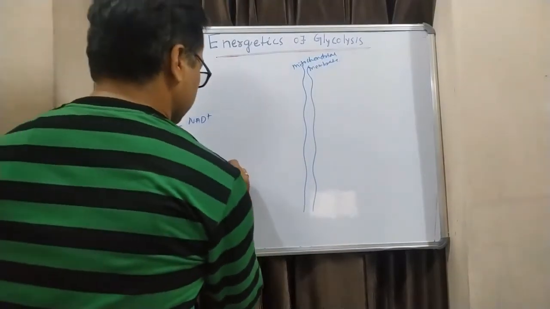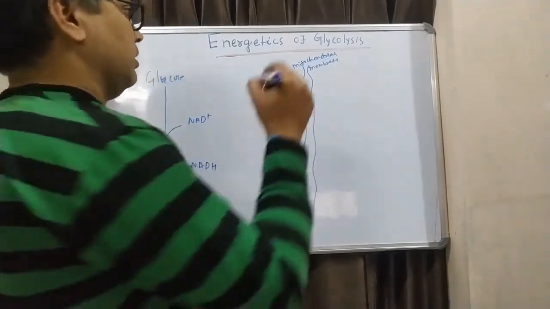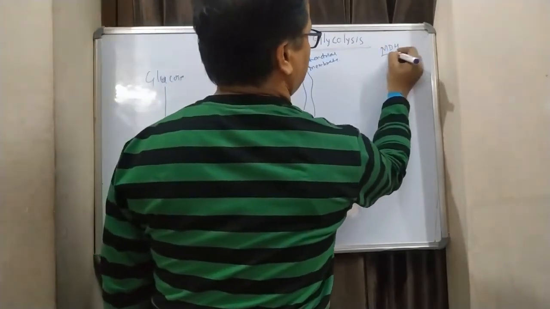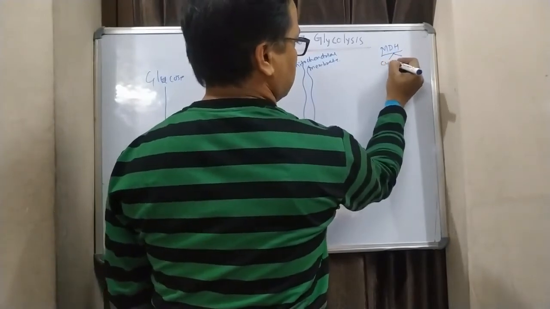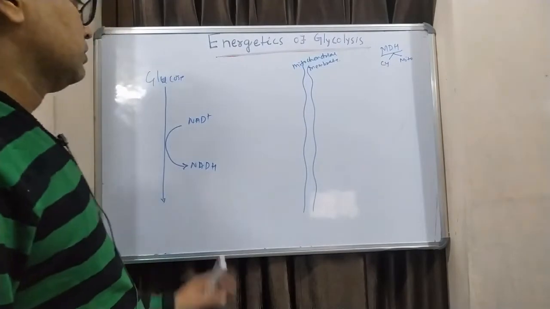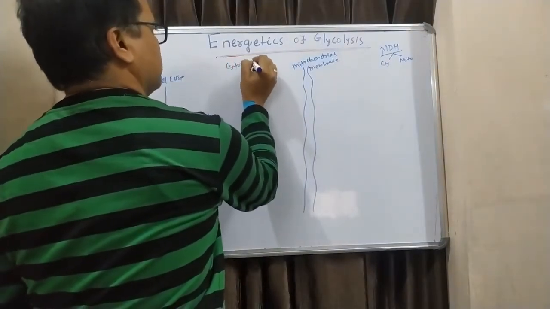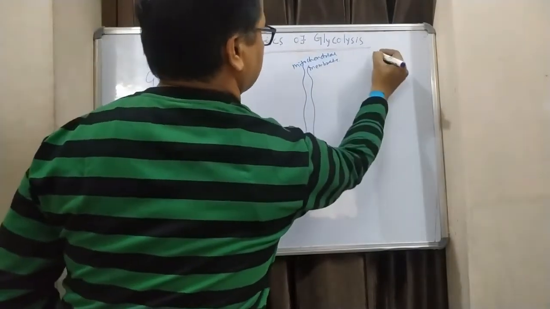This NADH will be used first by an enzyme called malate dehydrogenase. This enzyme has two isoenzymes: one is cytosolic, the second one is mitochondrial. Here is the cytoplasm and this is the mitochondrial matrix.